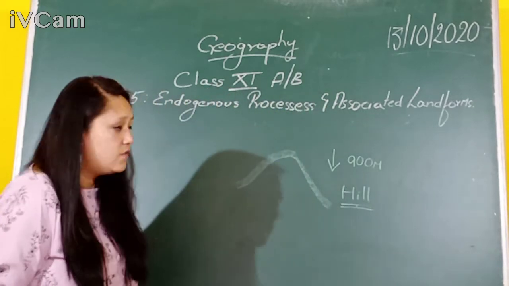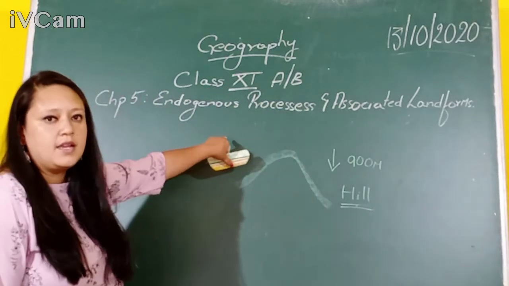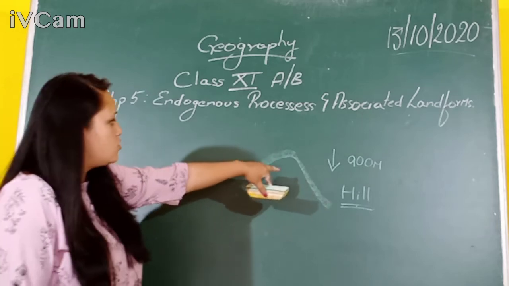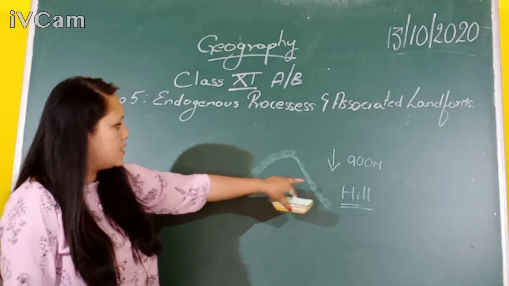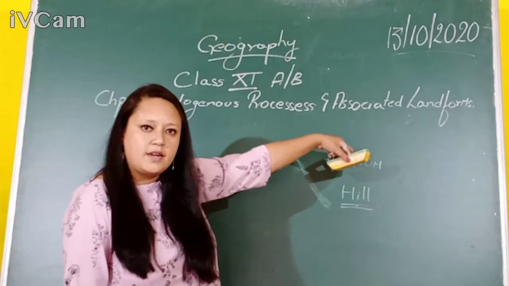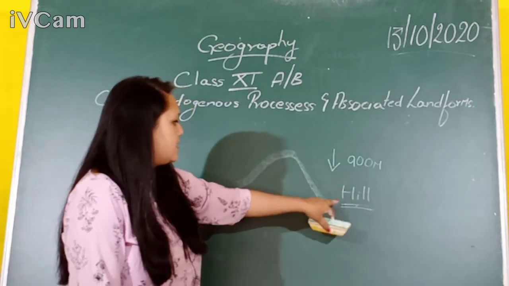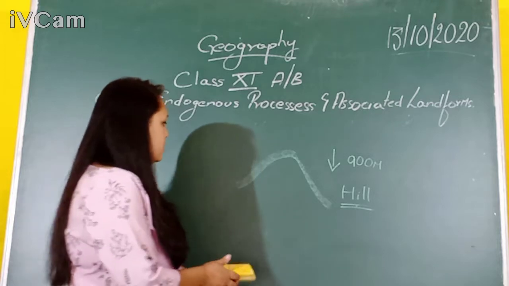So the only difference between a mountain and a hill is its height. Any structure that is shaped like this, which has a height of more than 900 meters, is a mountain, and less than 900 meters is a hill.